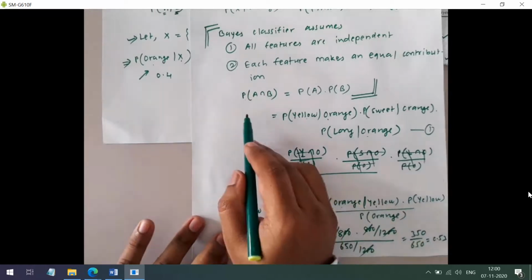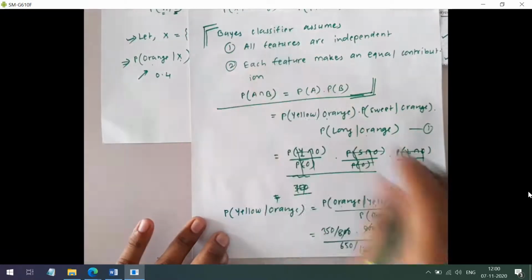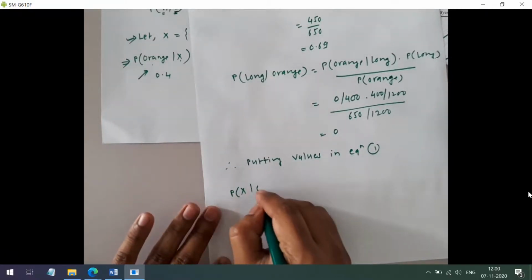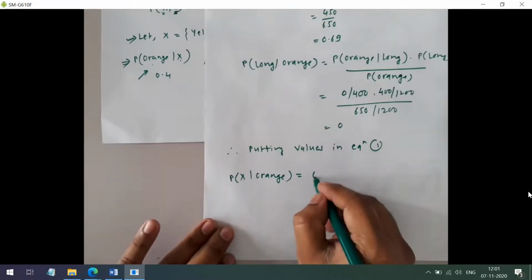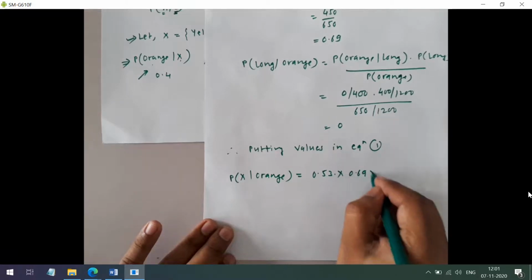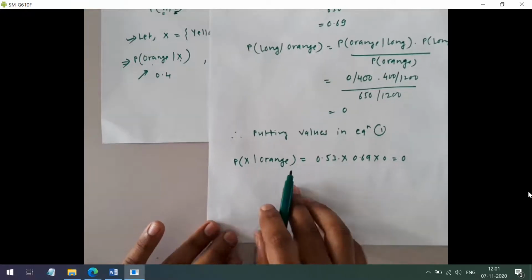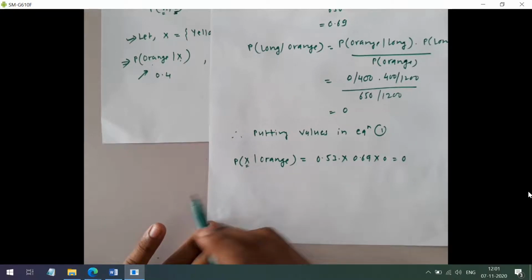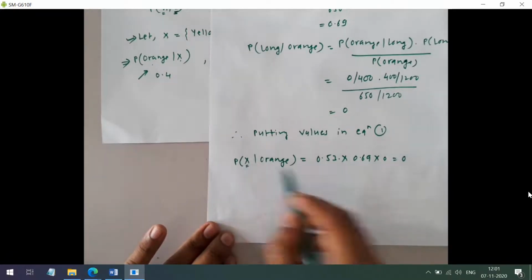We will get probability of x given orange equals 0.53 into 0.69 into 0 equals 0. So what is the meaning of this statement? That x is our given instance, right? So now the probability of x belonging to orange is 0.